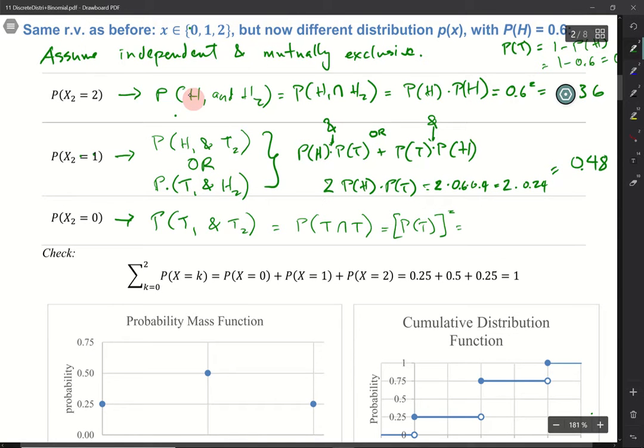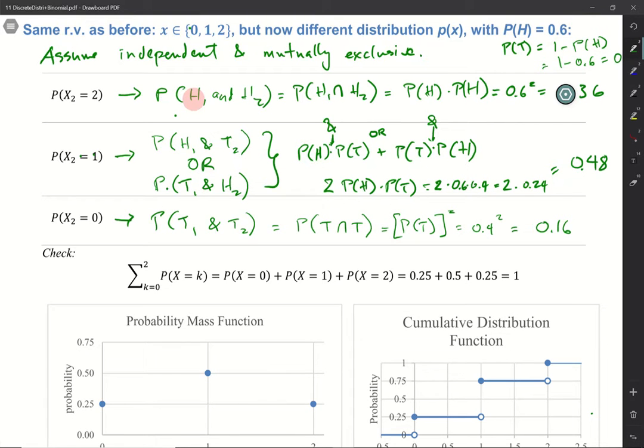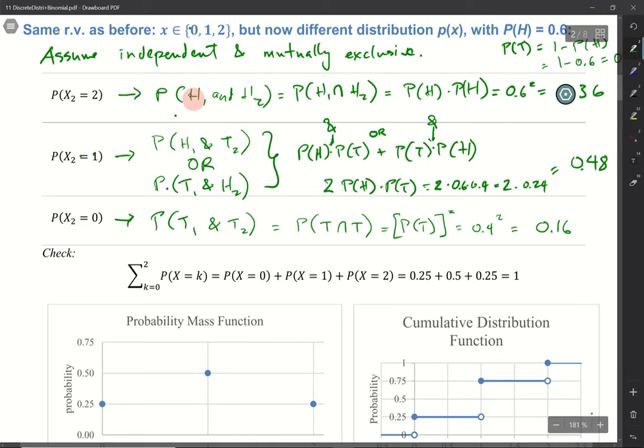So that's equal to 0.4 squared, and so that's equal to 0.16. Oops, sorry, I think this was left over from the other one. So we have 0.36, and then we'll say 0.16, and then we'll do the 0.48 later.